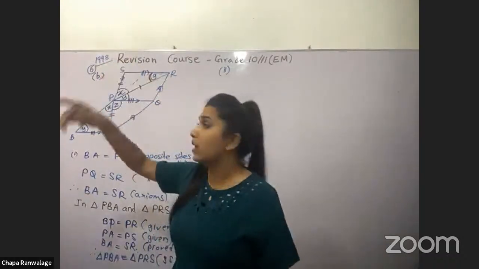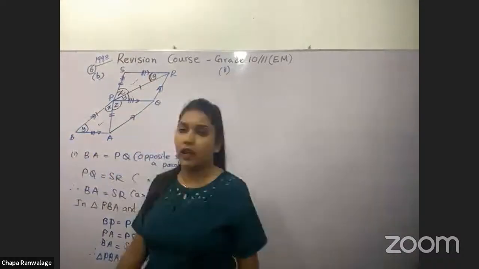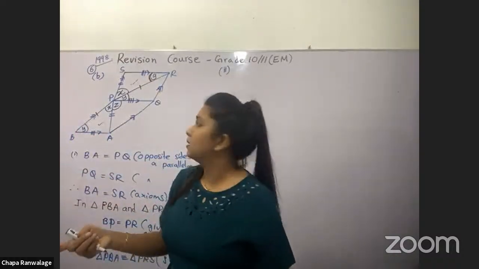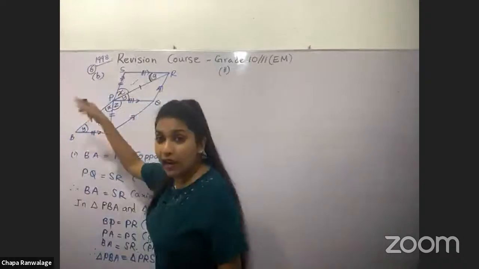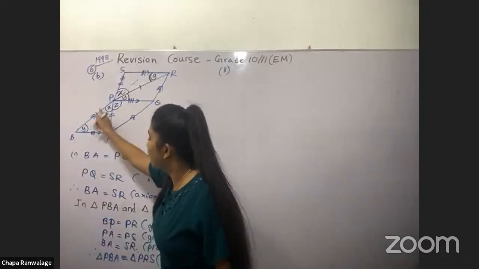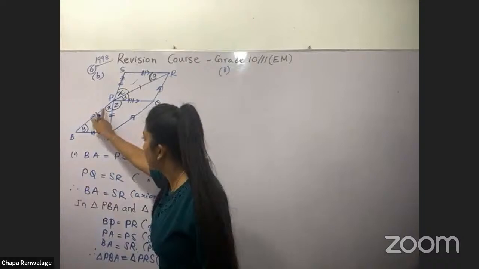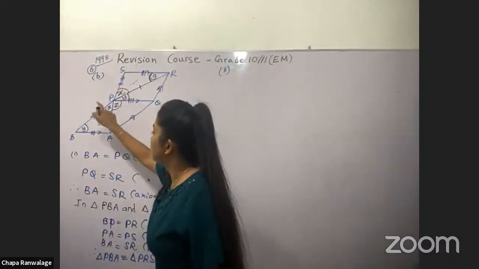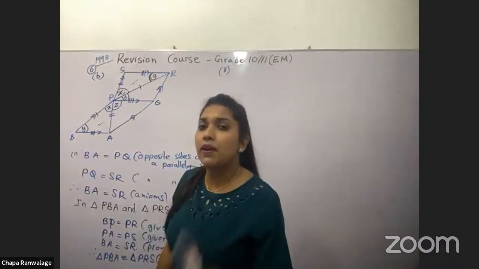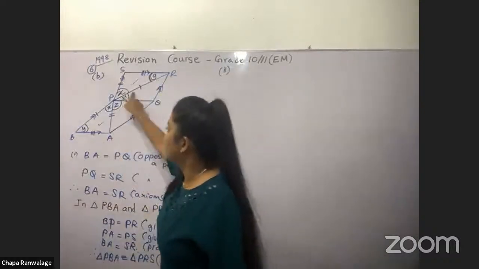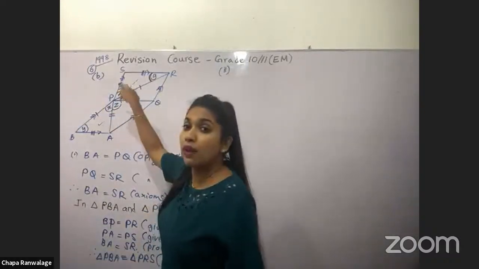You cannot assume that this one is a straight line. You have to prove it. If this one is a straight line, the sum of these three angles should be equal to 180.